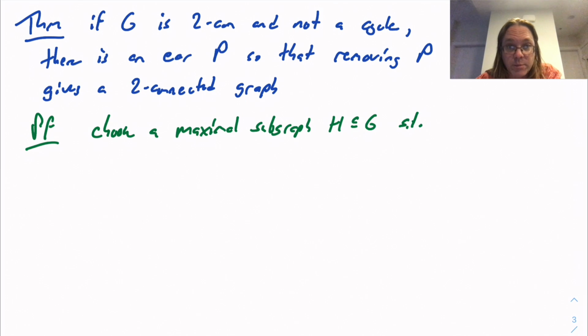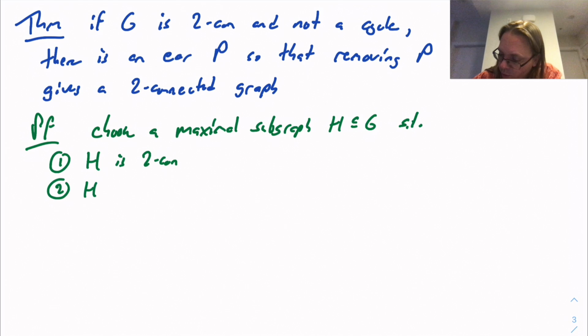So I'm choosing a maximal subgraph subject to two constraints. The first constraint is that H has to be two connected. The second is that H is not the whole graph.